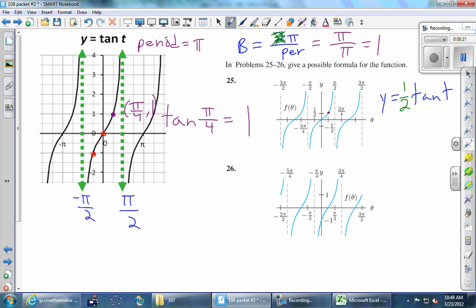You need to do different work to graph tangent than to graph sine and cosine. I think it's much more important to me that you can graph sine and cosine really well. I'm not so focused on graphing tangent really well, but anyway, since I assigned it and I didn't give you all the stuff you needed, I just wanted to mention that here at the start. Any questions on that one?